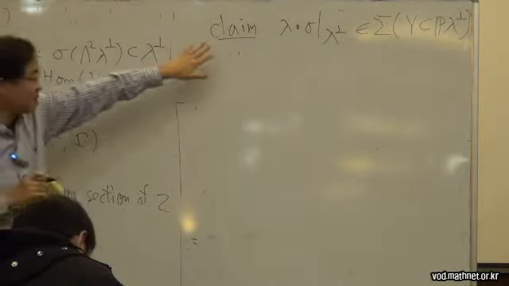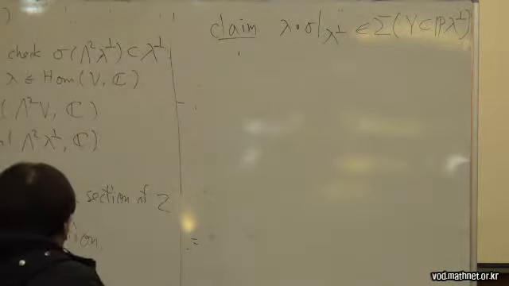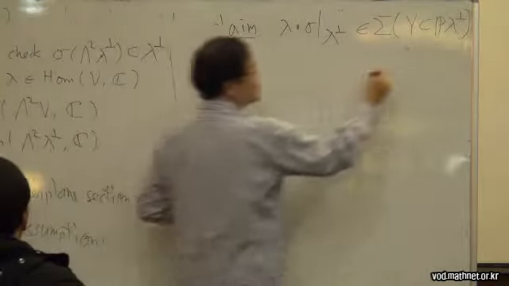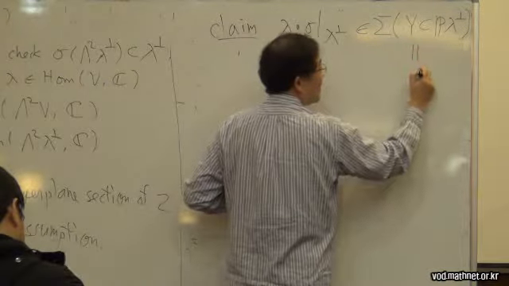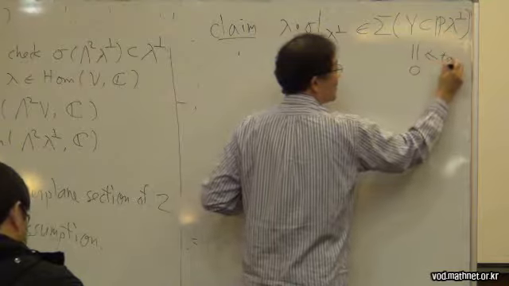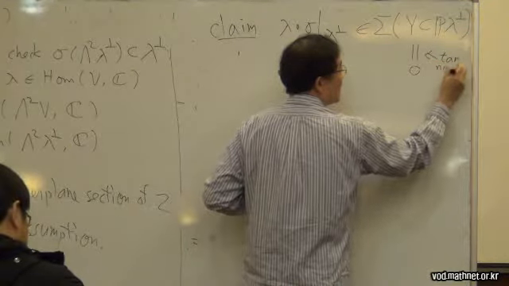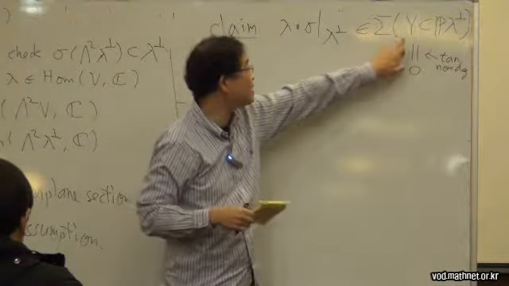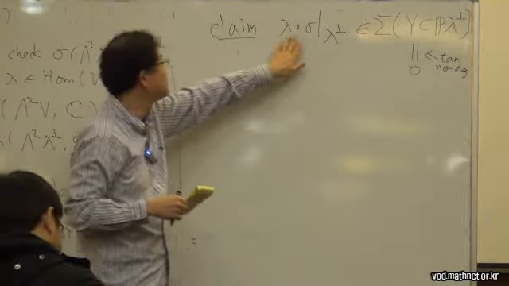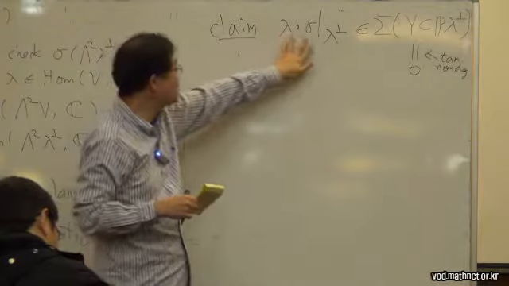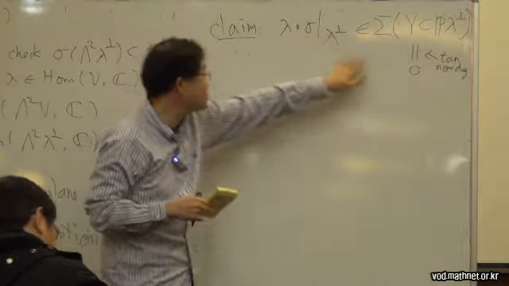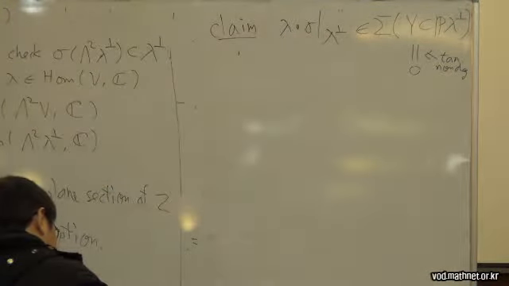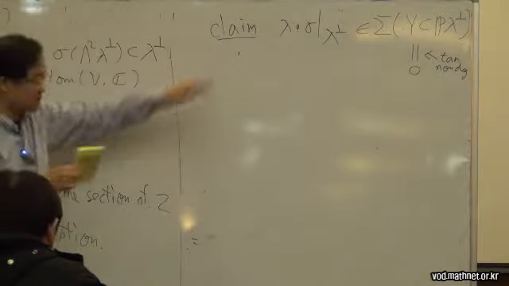Now this is enough because by tangential non-degeneracy, this is 0. That's the definition of tangential non-degeneracy of y, that this is 0. So if we prove the claim, then this is 0. So we have checked everything, and it's enough to prove this claim.